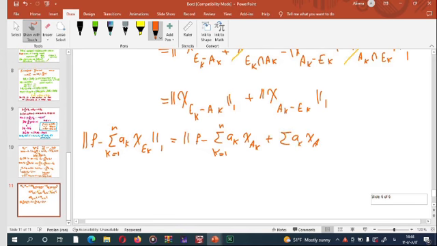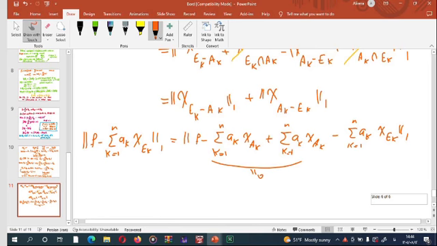Okay, so that this is equal to 0, and we write this itself. Okay. Now use triangle inequality.